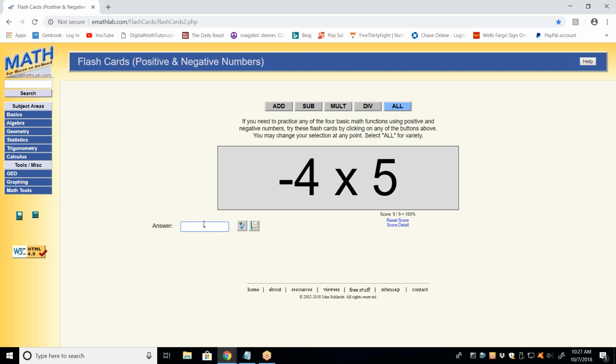Now what's it's 4 times 5. 20. Okay, now here we got all kinds of negative signs, subtractions, everything else. Is it 6?